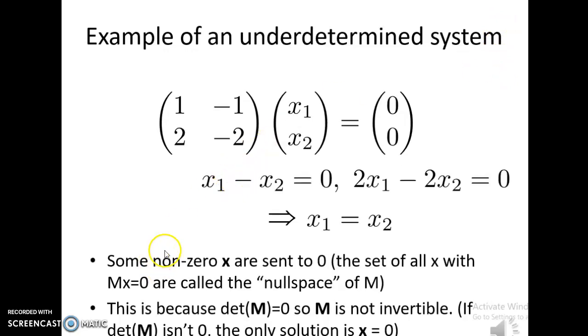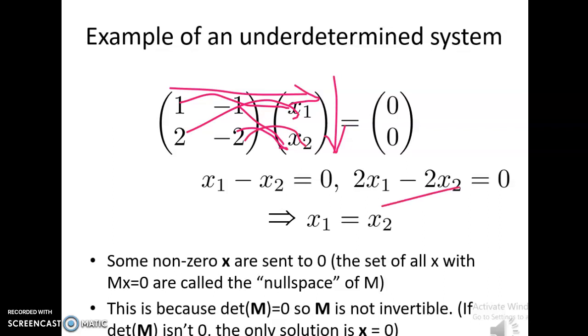So do the multiplication: x1 minus x2 equal to 0, and 2x1 minus 2x2 equal to 0.